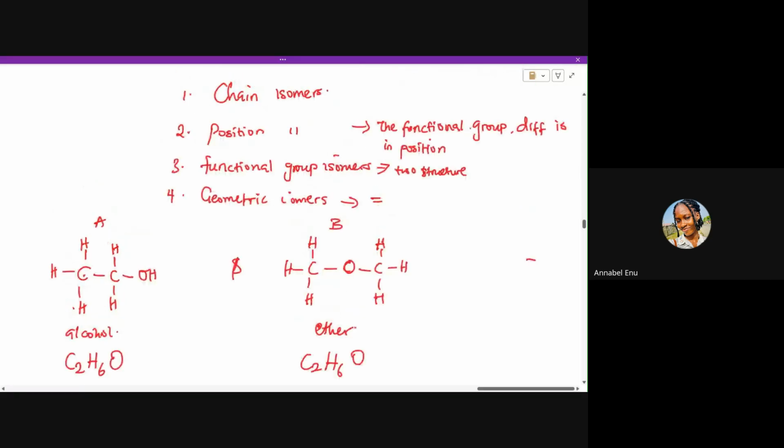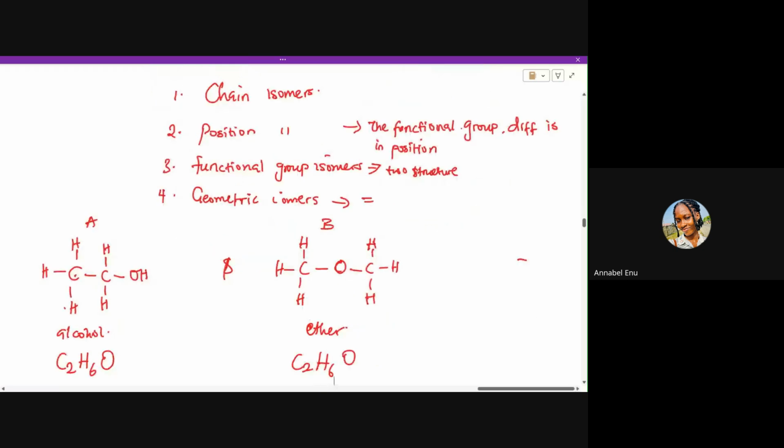Now, the next is geometric isomers. Okay, just as the word implies, geometry. It has to do with the kind of isomers that movement is going to determine its difference. Now they have the same molecular formula, obviously, but different spatial arrangement.